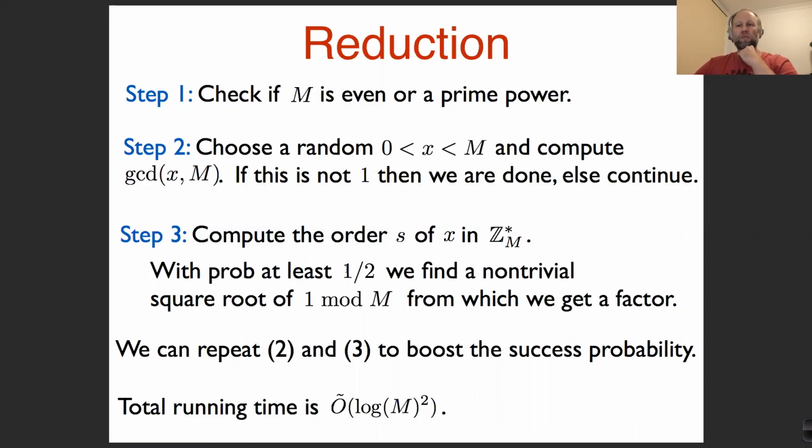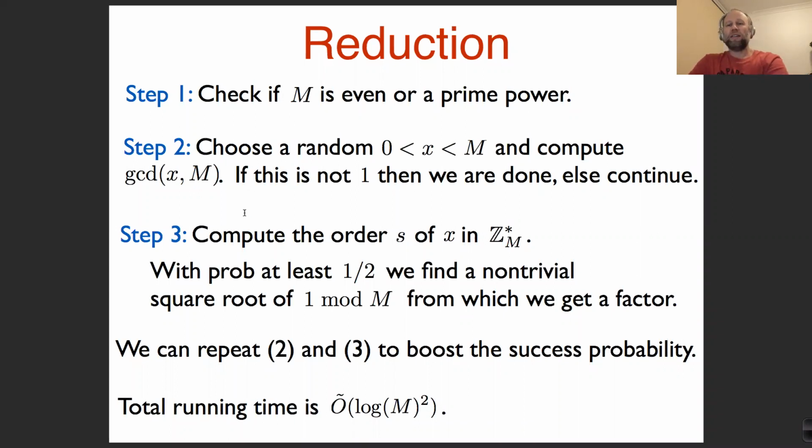This holds with probability half, so we just need to repeat steps 2 and 3 a constant number of times to get whatever constant success probability you want, say 3/4 or something.